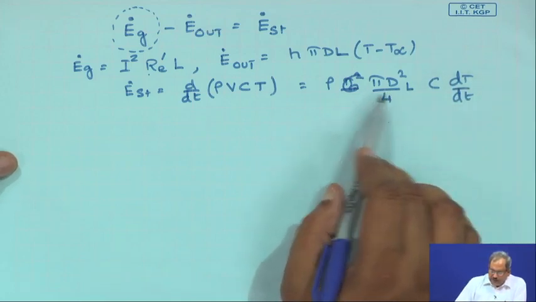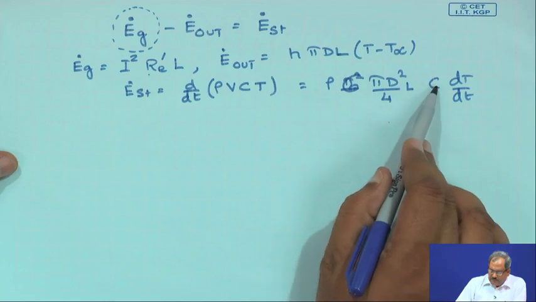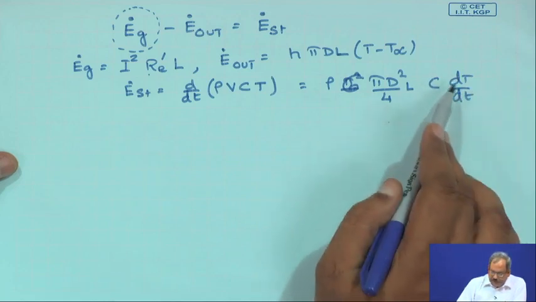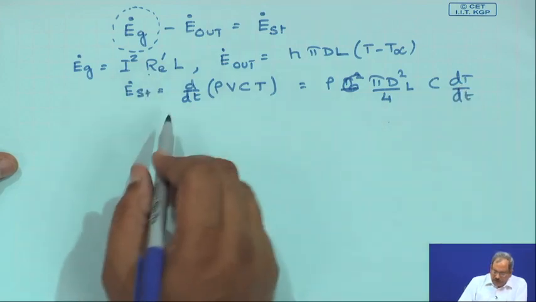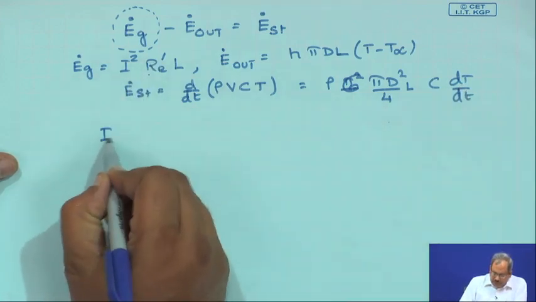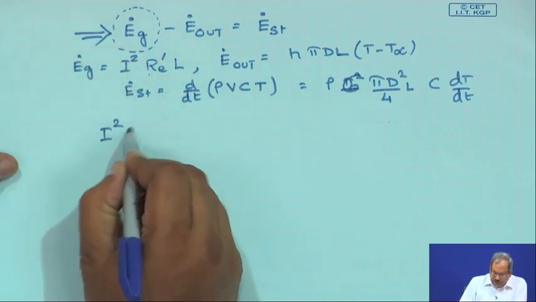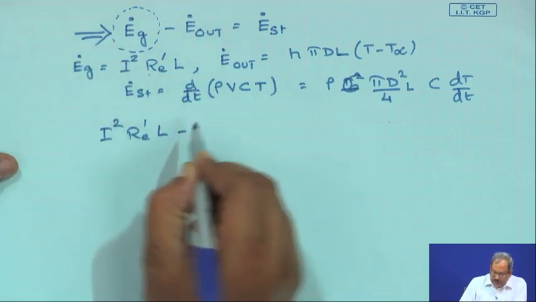So, this is the m Cp, the rate of change of temperature with time. So, this I am going to put in my physical equation.